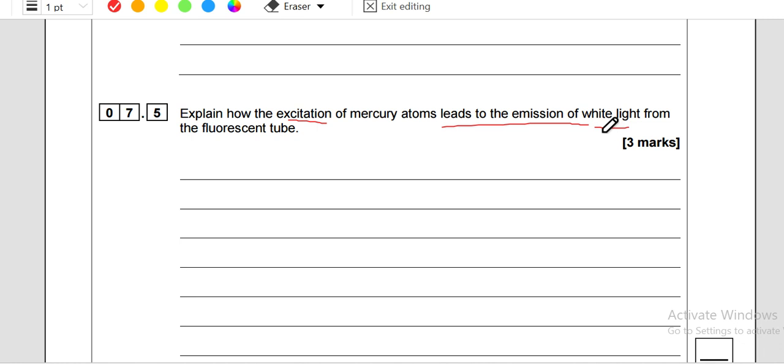So the mercury atom de-excites and emits UV photons, which are absorbed by the atoms of the coating powder.